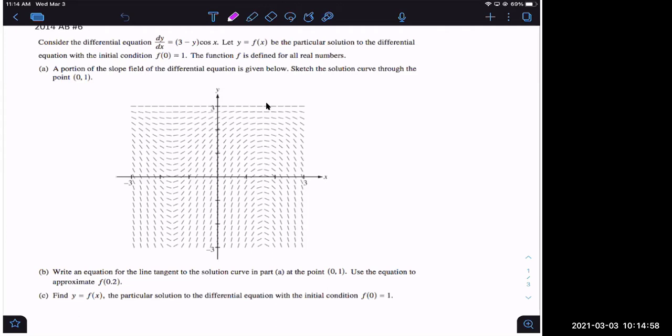No, well, that's your slope because it says dy/dx. So I did f of x equals 3 minus y cosine x, because we have a point, that's the slope, right?